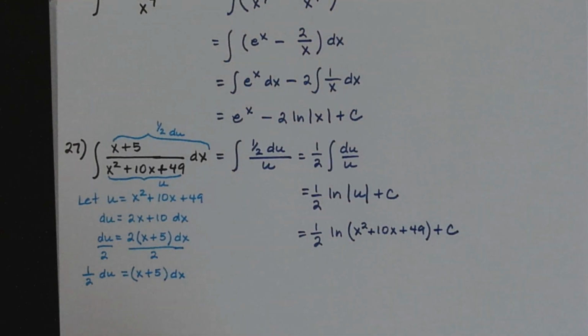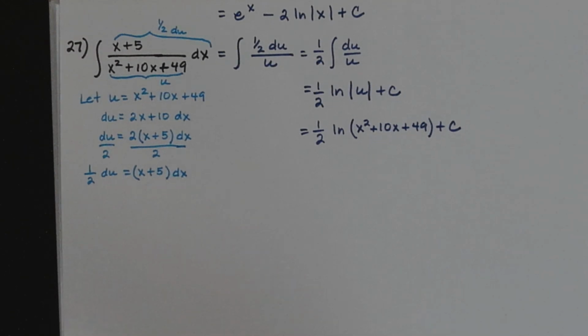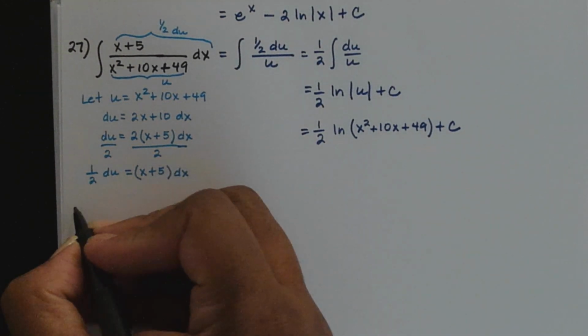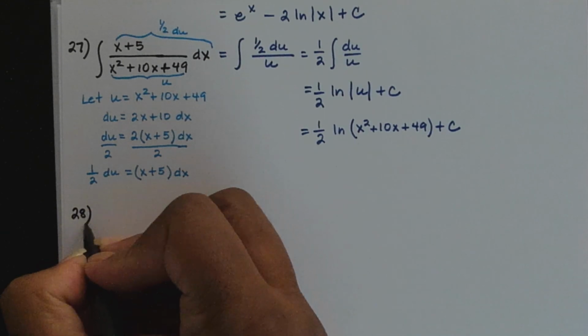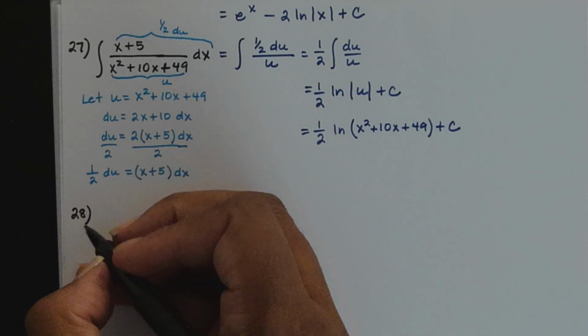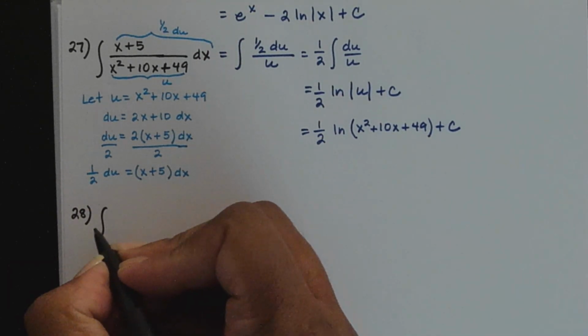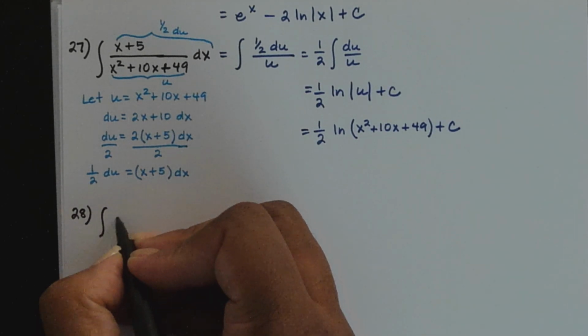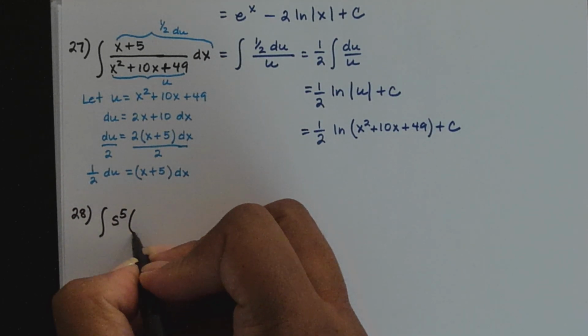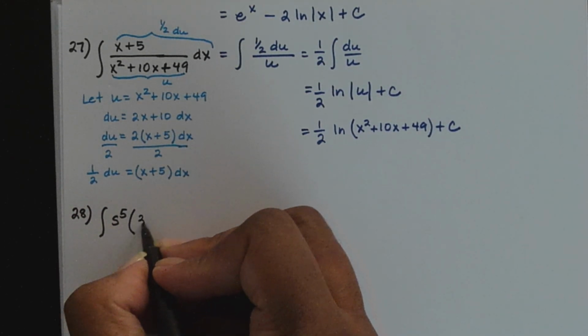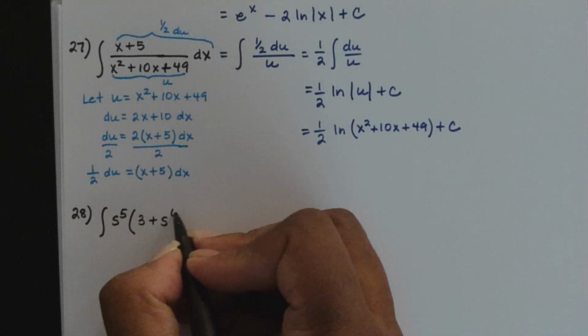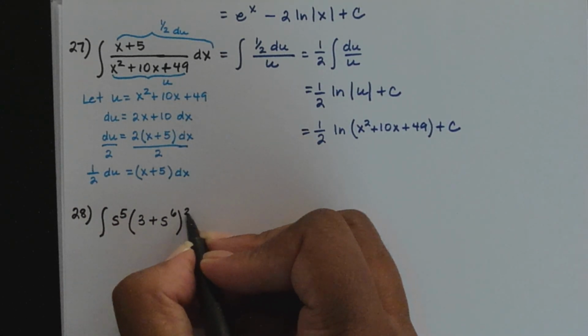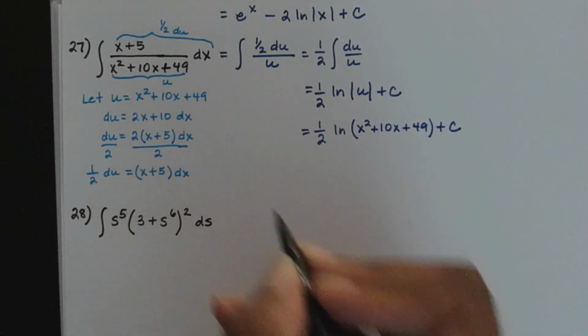All right, number 28 is another integration by substitution. In number 28, I have the integral of s to the 5th times the quantity 3 plus s to the 6th, that quantity will be squared, ds.